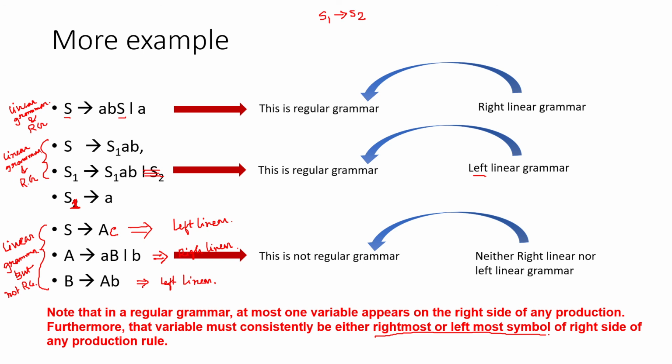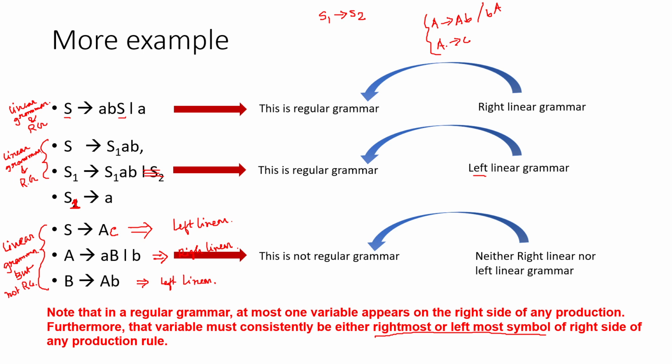That means if a grammar is given to you and someone asks whether it is regular grammar or not, don't check only individually whether the production rules are following something like A to AB or A to BA or A to C. Don't check in this way.